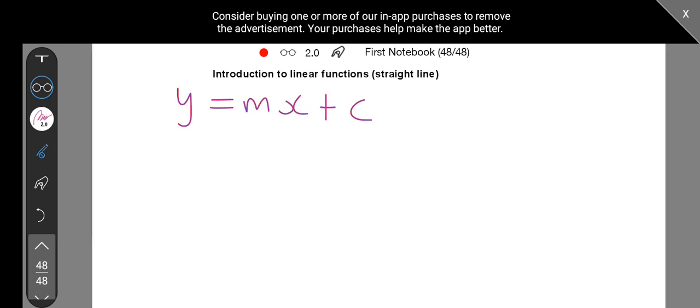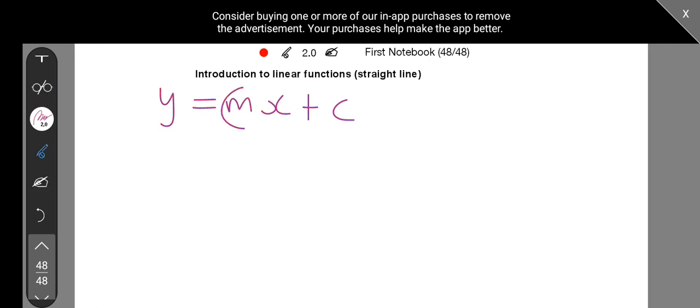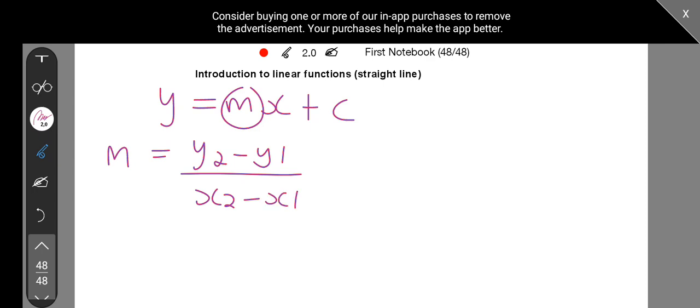So, what is m? We said that m is the slope or the gradient. The formula for calculating the gradient is m = (y2 - y1) / (x2 - x1). Suppose we are given the coordinates (0, 2) as well as the coordinates (2, 0), and they say calculate the slope.